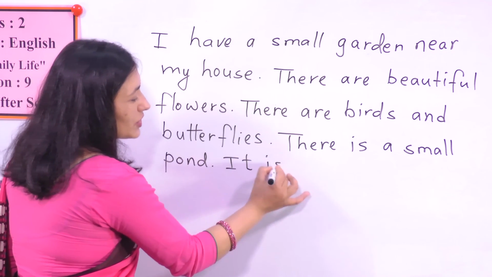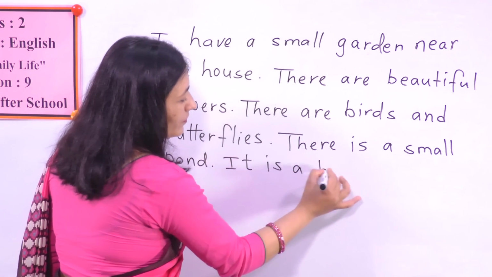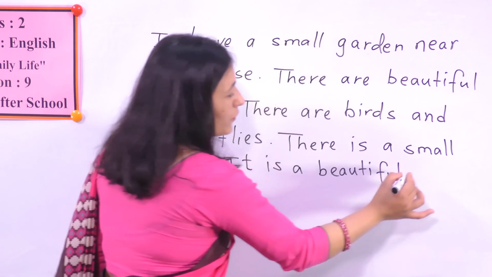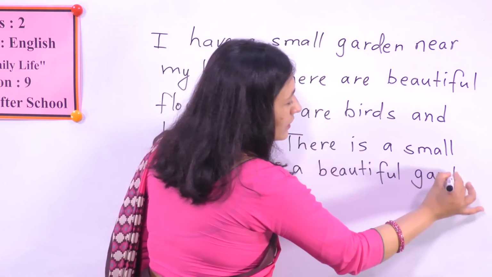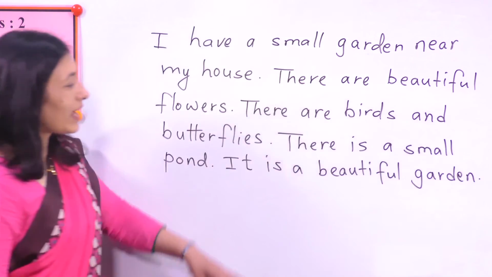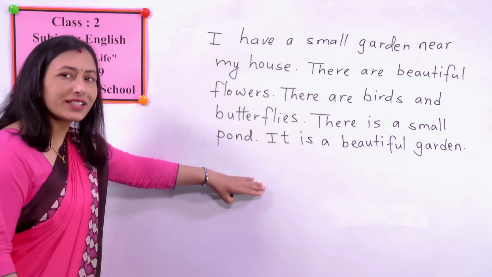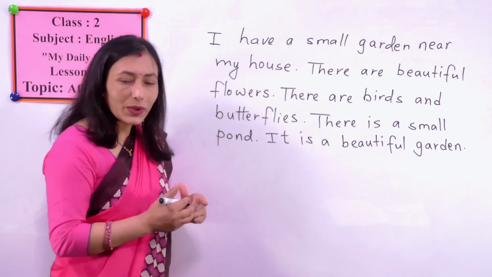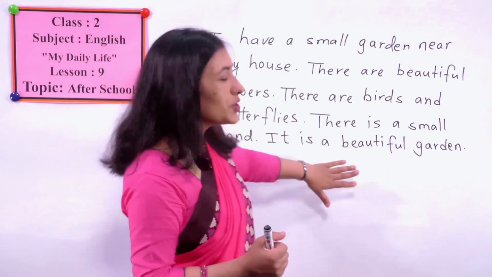It is a beautiful garden. Now look here. I have written some sentences about my garden. In the same way, you can also write about your garden.